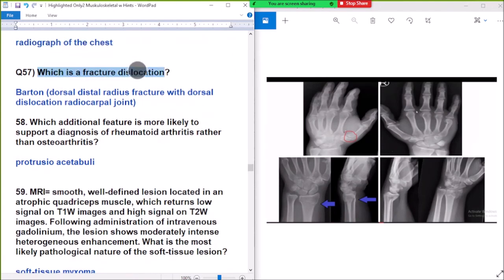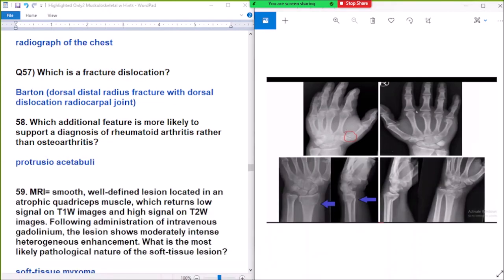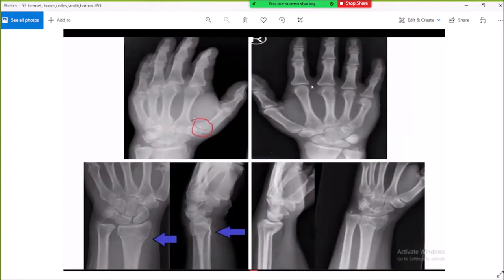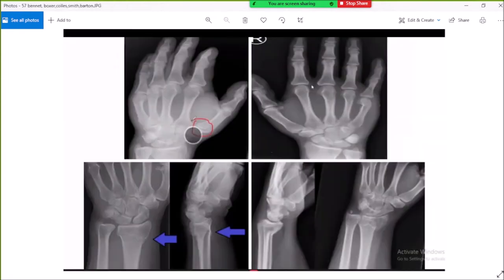Question 57. Which is the fracture dislocation? Barton fracture. Let's forget the rest: Bennett fracture, Boxer fracture, Colles fracture, Smith fracture, and Barton fracture.